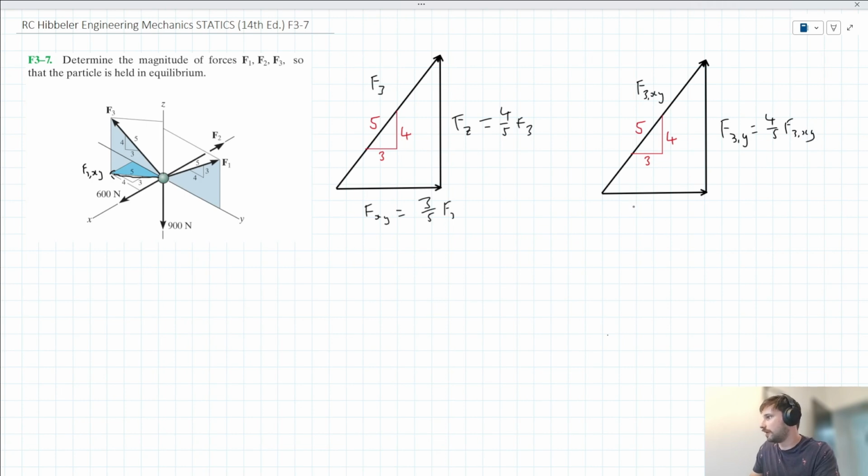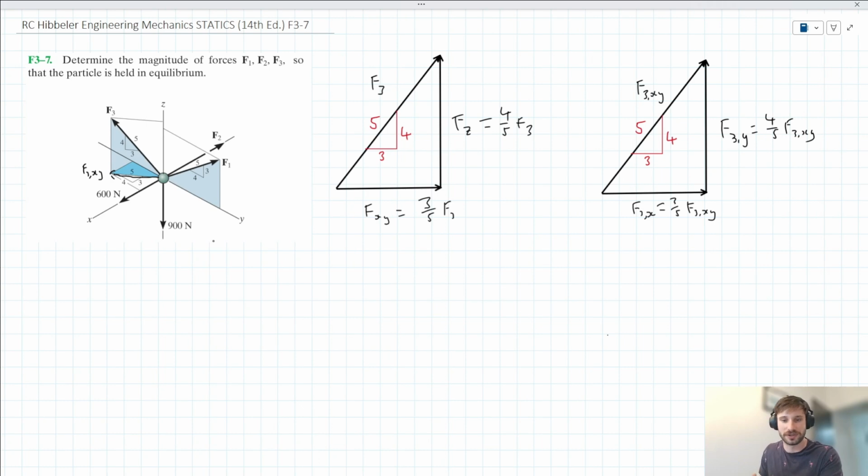And our horizontal here we can say is F3, X, which is equal to 3/5 of F3, XY. Okay, so I've done that just to help us understand how we can break down these 3-dimensional vectors into their constituent components. Let's go ahead and solve this system then.